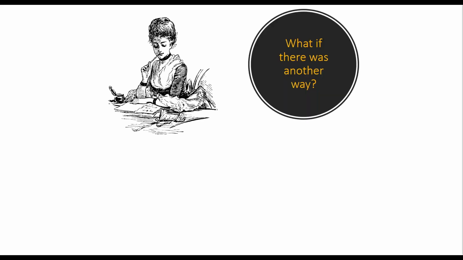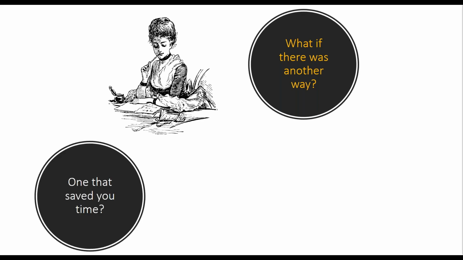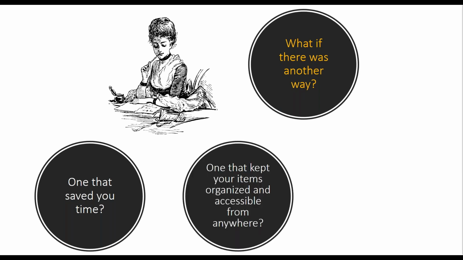However you collect, save, and organize your research, we want to show you some different alternatives. Would you be interested in another method that saved you time or kept your items organized and accessible from anywhere? Or what about a tool that allowed you to quickly and automatically generate citations in APA format while you write?